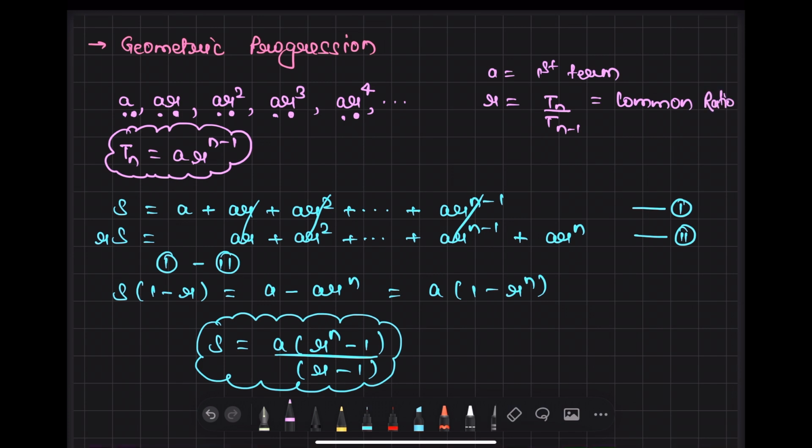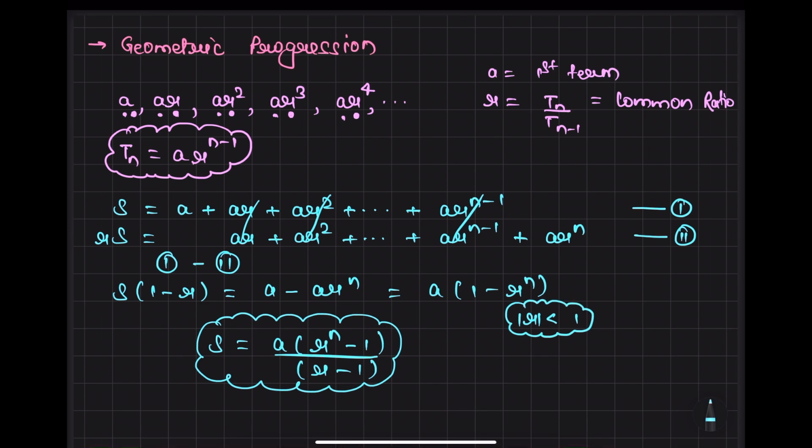Now suppose we are interested in finding the sum of infinite terms. In that case, mod r should be smaller than 1. In this case the series becomes decreasing, meaning the value of the elements keeps on decreasing.